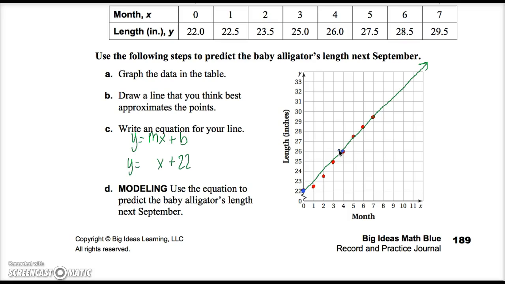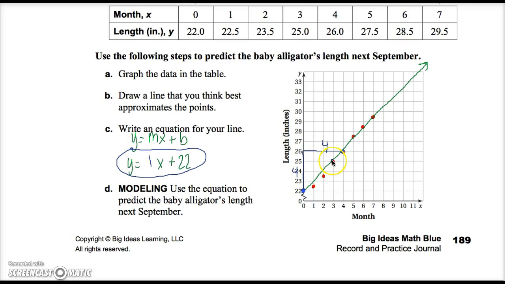Remember, we do rise over run. On this graph, I'm going to rise 1, 2, 3, 4, and run 1, 2, 3, 4. So my slope is 4 over 4, which is 1. So y equals 1x, or you don't need that 1 there, plus 22.